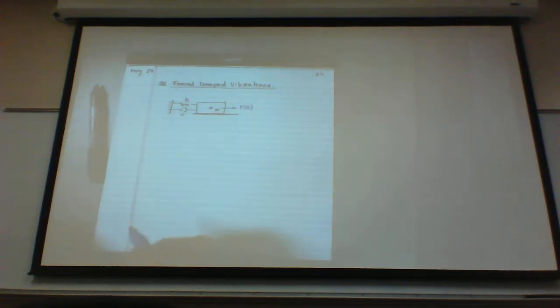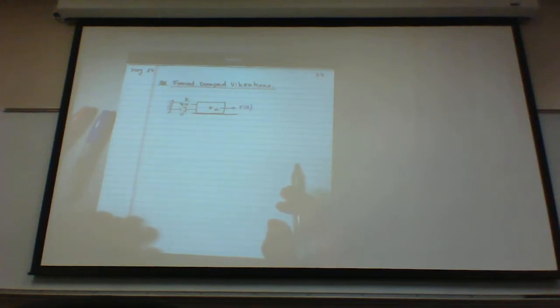Okay, and we assume no friction. So what is the biggest difference now is that this object, instead of displacing it and letting it vibrate freely to the equilibrium position where it stops, we're going to have a force in function of time exciting that block. Okay?